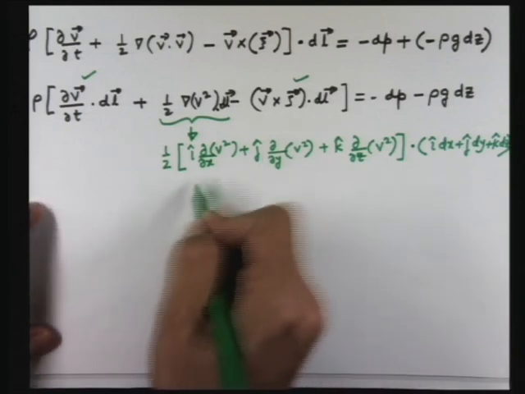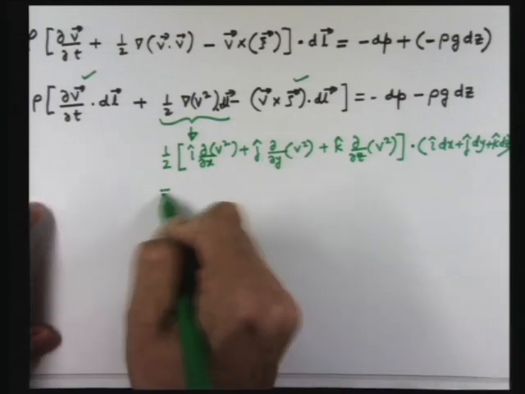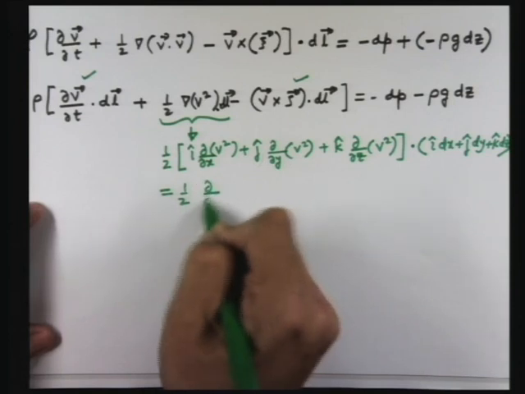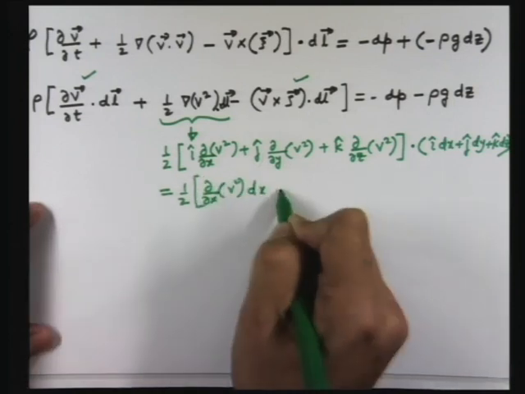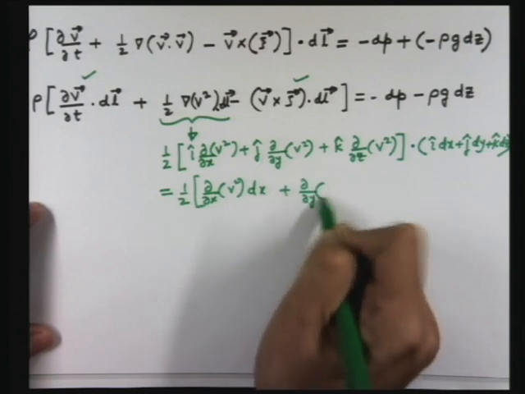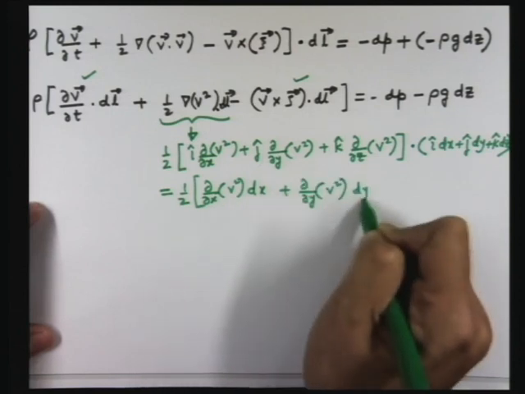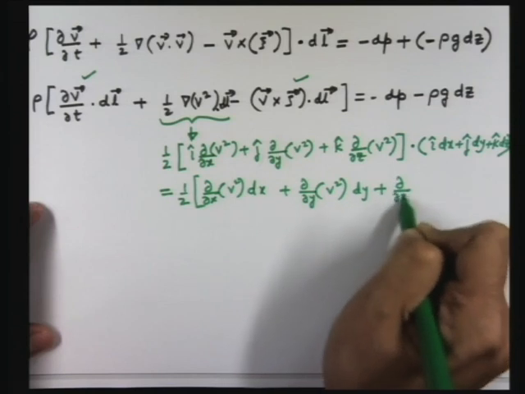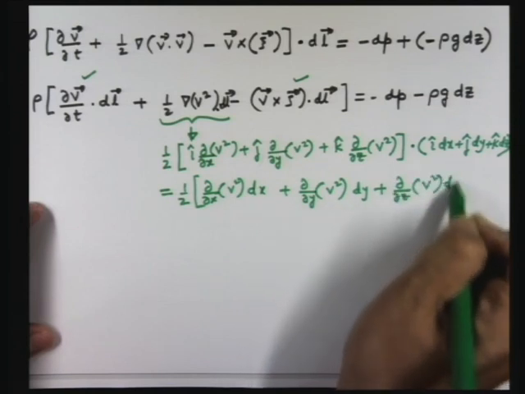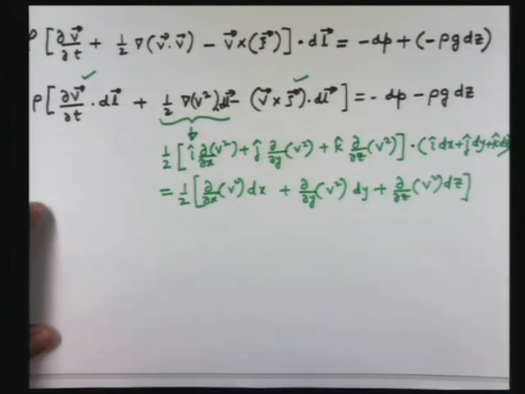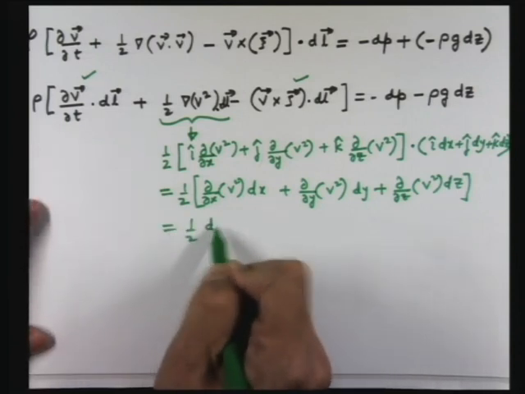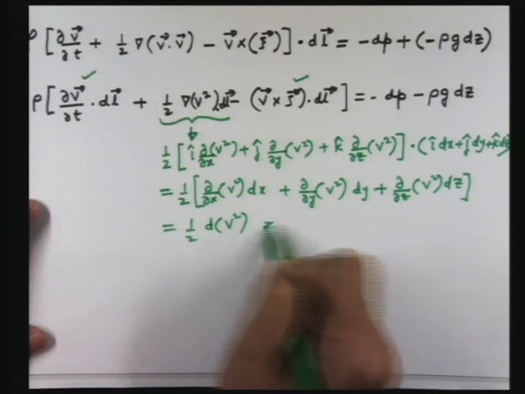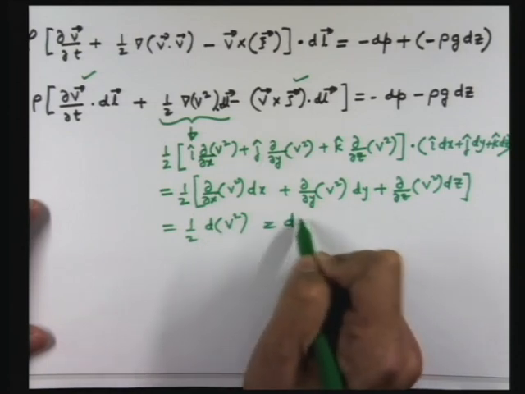This becomes half (del/del x of v square into dx plus del/del y of v square into dy plus del/del z of v square into dz). So this becomes half of d of v square, or d of v square by 2.